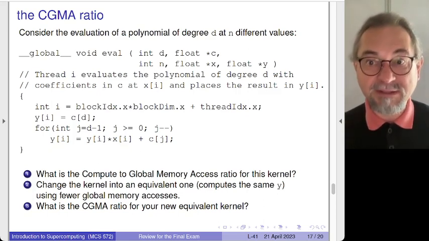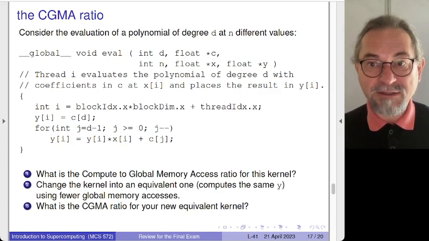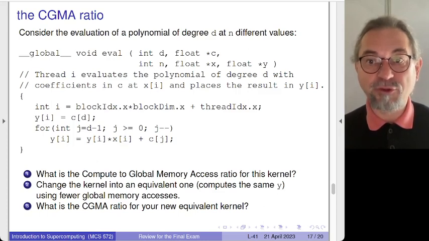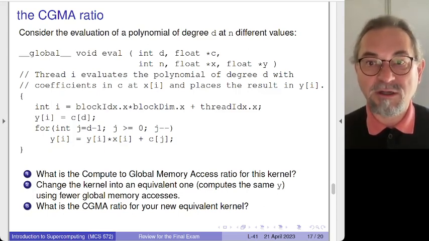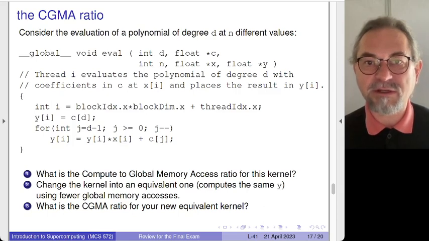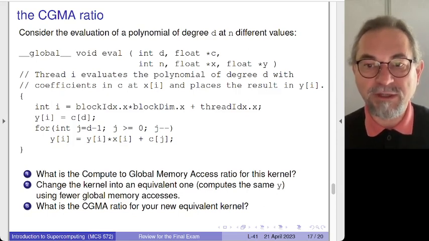So you can make this problem compute bound, where the compute to global memory access ratio depends on the degree of your polynomial. As soon as your degree becomes sufficiently large, this becomes a compute bound problem. So this is an important exercise that we can explain with very basic algorithms.